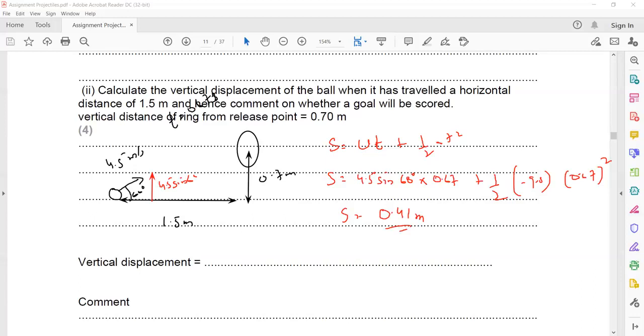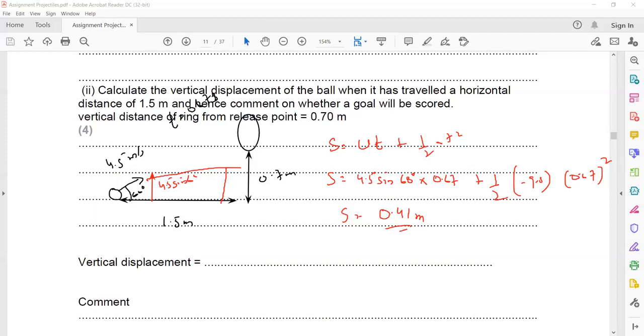So the ball, when the time is equal to 0.67 second, is only at a height of 0.41 meters.